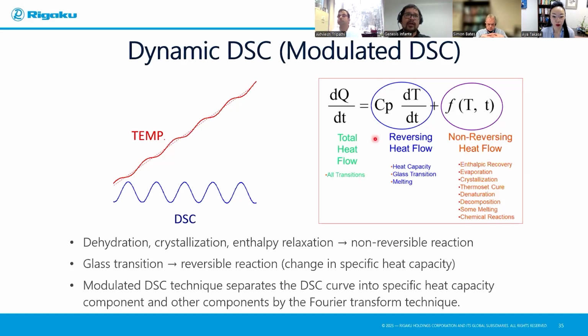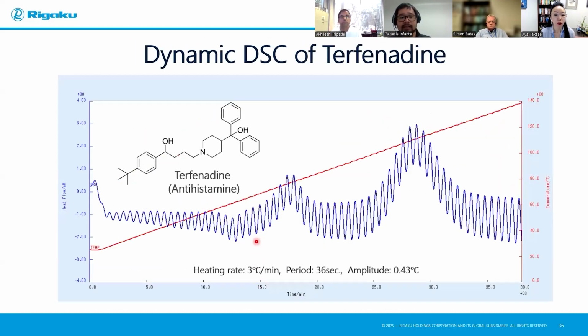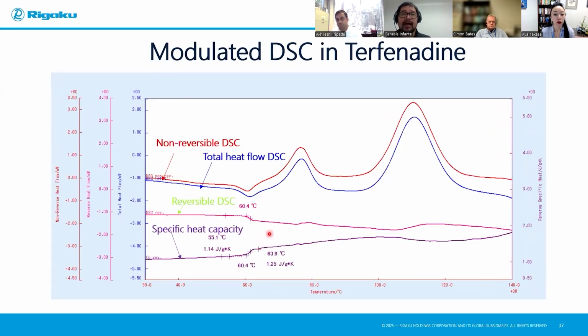So for a reversible component of this equation, for the total heat flow, you'll have the CP, and then something like the glass transitions and the melting, and the non-reversibles for the rest of the types of reactions, right? So this is the dynamic DSC associated with terfenadine, with this condition right here. The biggest value for dynamic DSC is that, out of all this data, you can start separating things like the phase transitions.